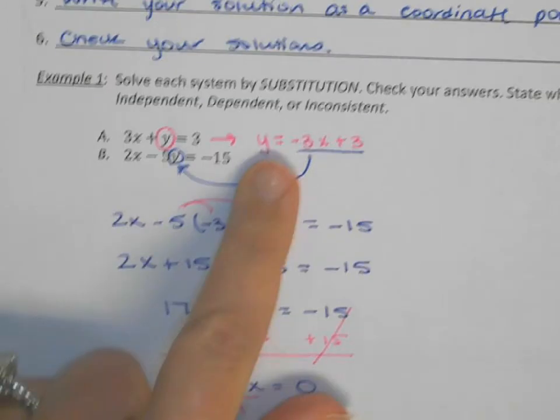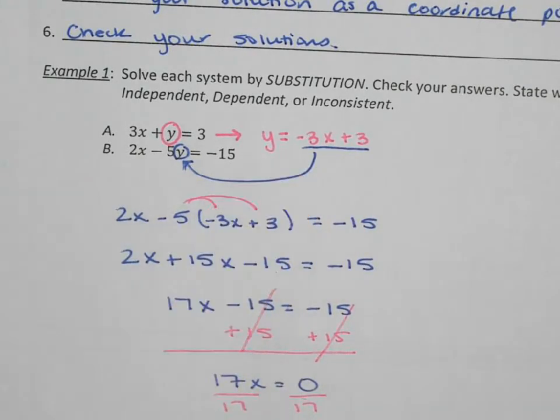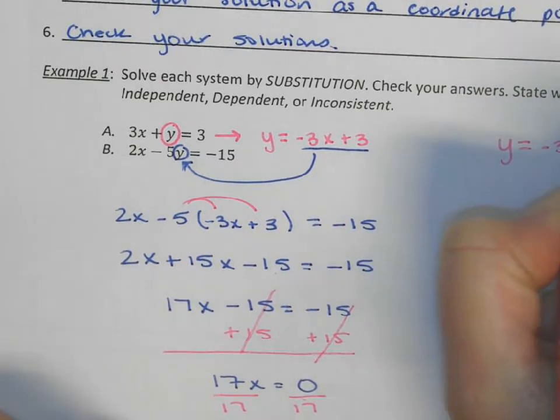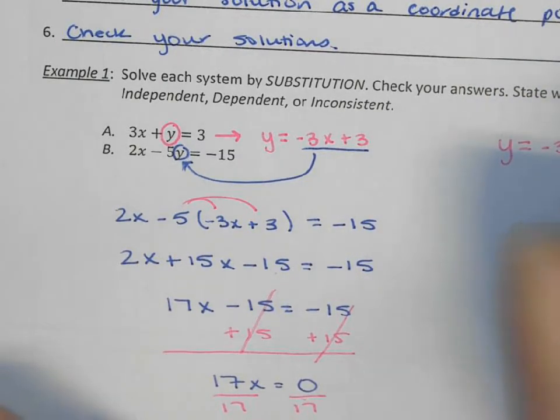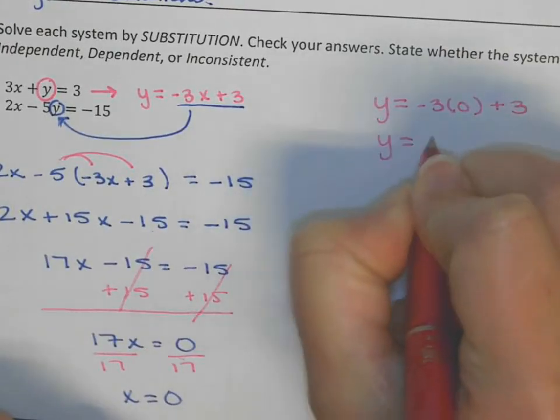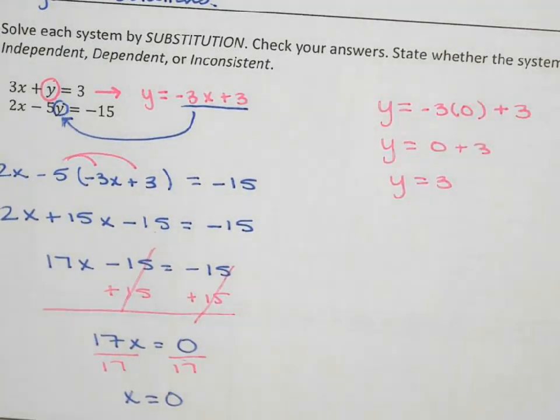I like to plug it into the one I manipulated because y is already alone. And if I plug it in there, y equals negative 3 times 0 plus 3, y equals 0 plus 3. Y is already alone, and I don't have to do anything other than simplify that right side.